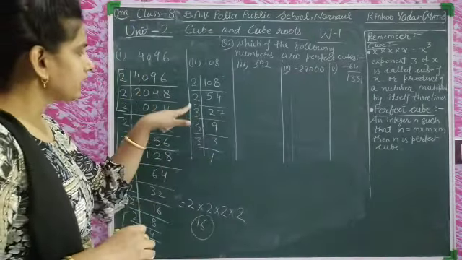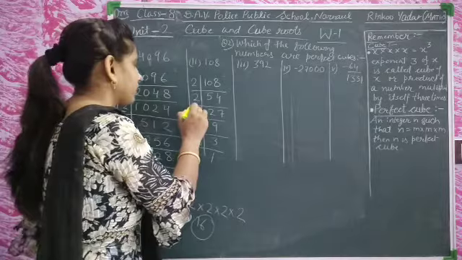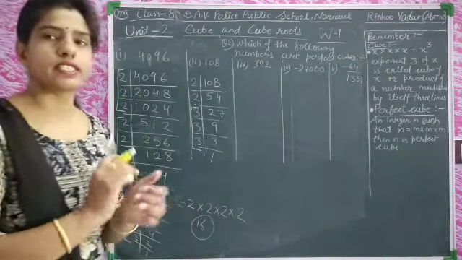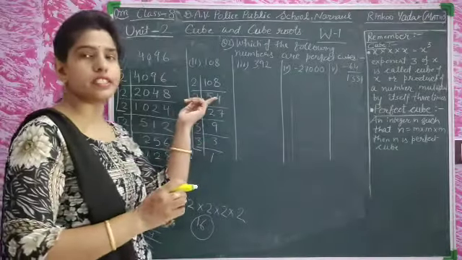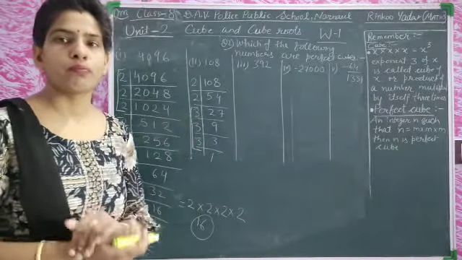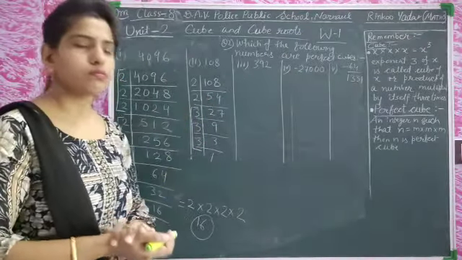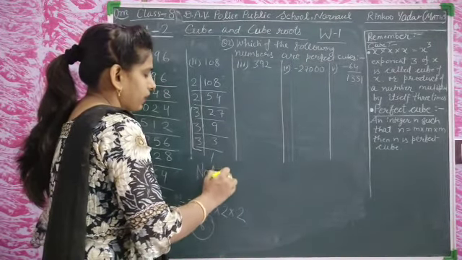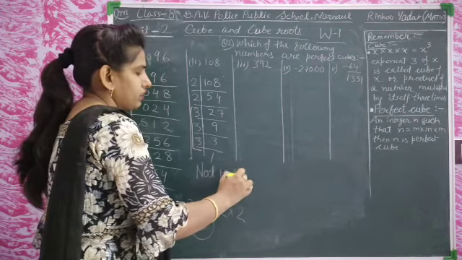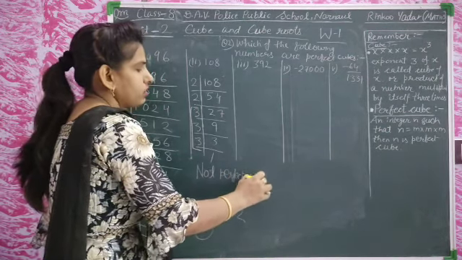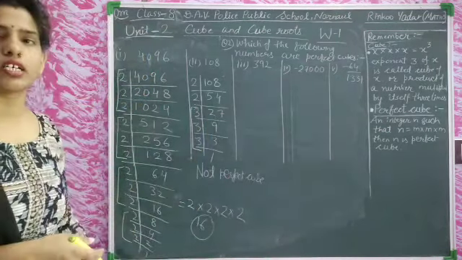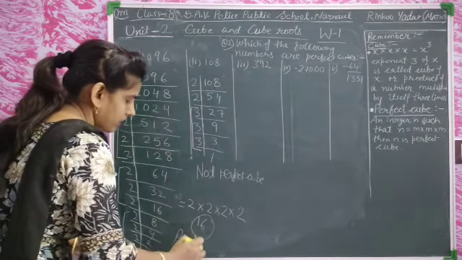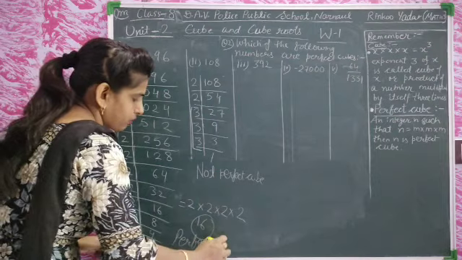We are seeing that 3 has one triplet. 3 is the triplet, but 2 doesn't have a triplet because there is a need of another number 2, and that is not there. So it means this is not a perfect cube, because the triplet is not being made there, and this is a perfect cube.